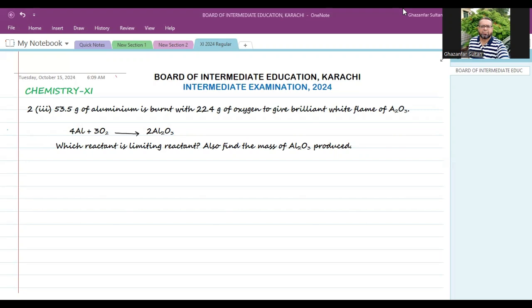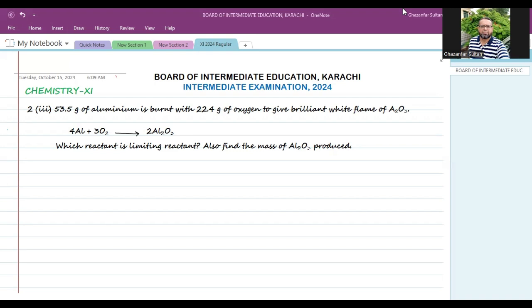In this numerical question, 53.5 grams of aluminium and 22.4 grams of oxygen are given, and as a result, it forms white flame of Al2O3. Which reactant is the limiting reactant?